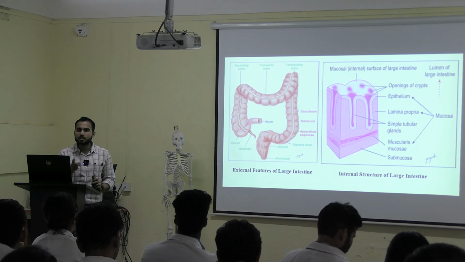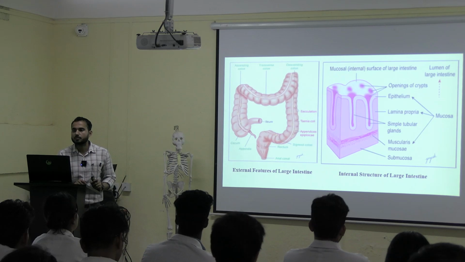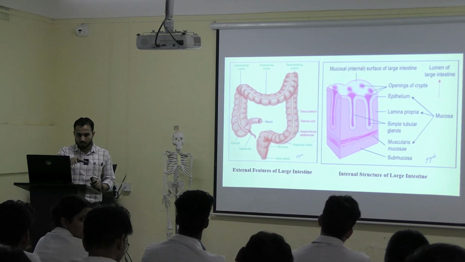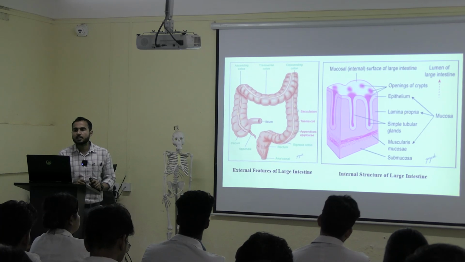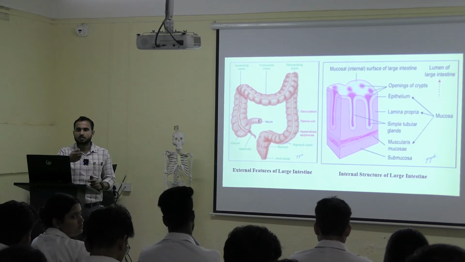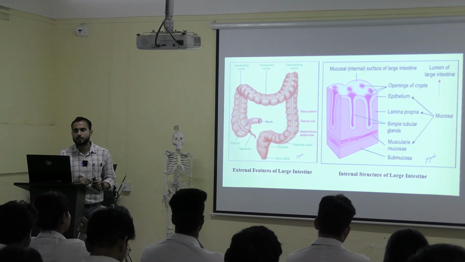That outer longitudinal layer is modified in case of large intestine to form the taenia coli, and because of that taenia coli, it is pulling the intestine because the circular folds are longer as compared to the longitudinal fold. That's why the haustrations or sacculations appear.